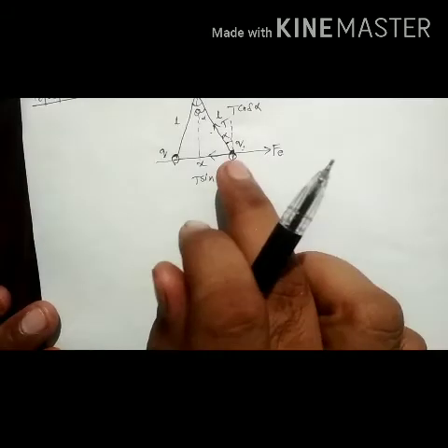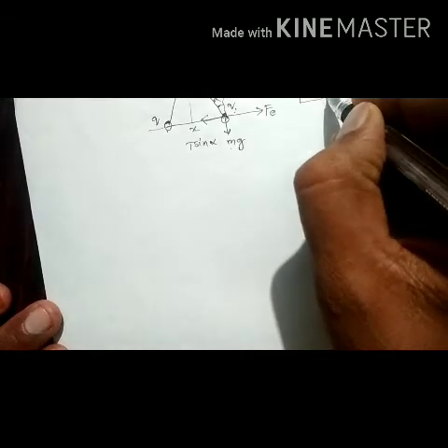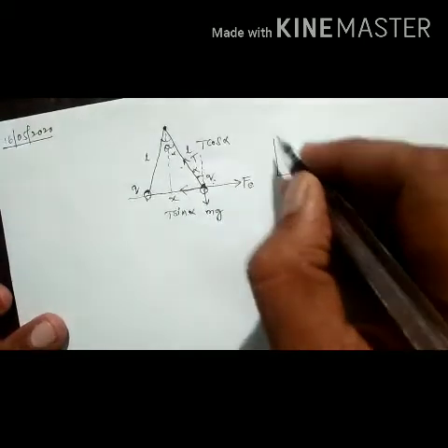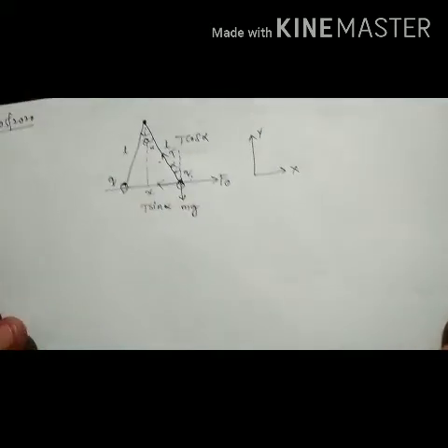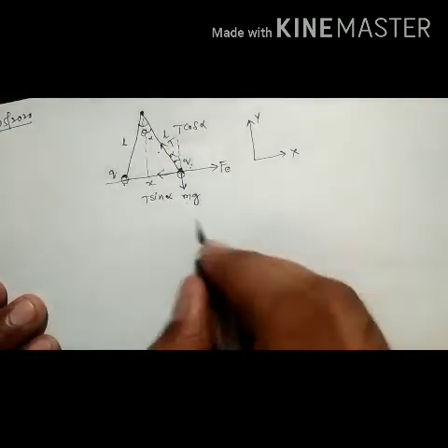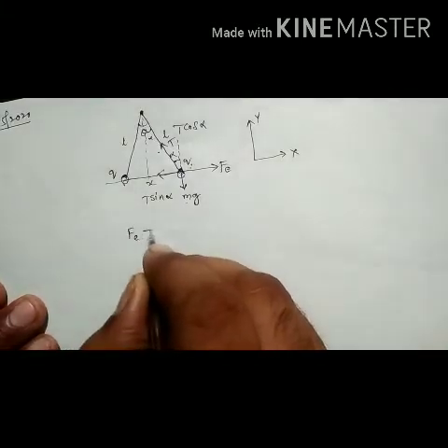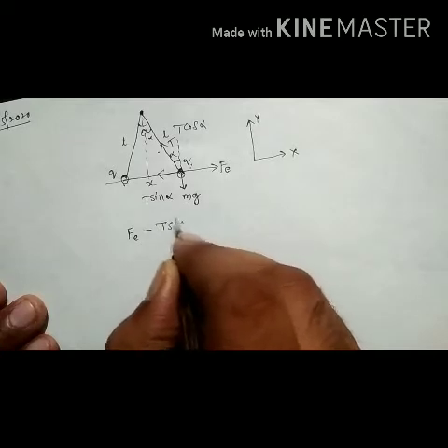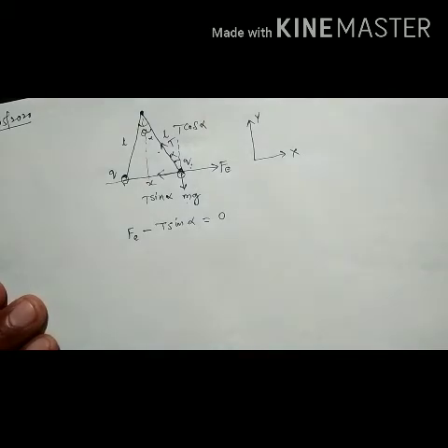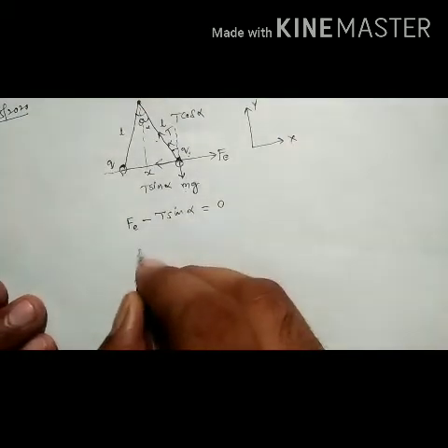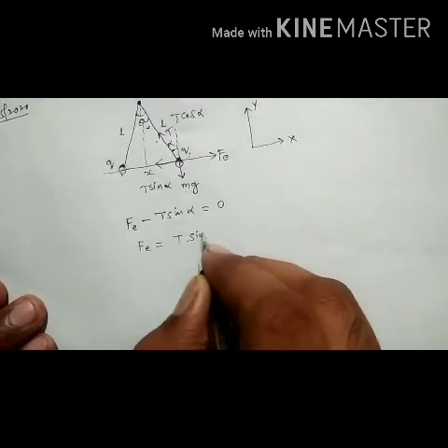In equilibrium, the net force on the sphere is zero, along the x-axis and along the y-axis. Along the x-axis, in the positive x direction, Fe minus T sin alpha is equal to 0, because equilibrium means net force is 0. So Fe is equal to T sin alpha.